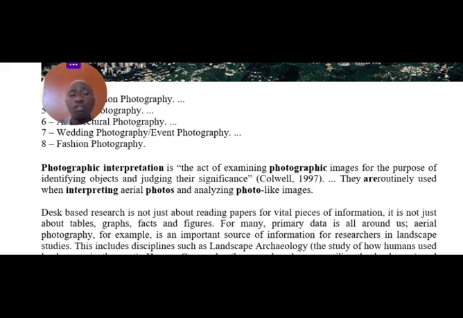So we may be taking a photograph, but when learners or people are using that photograph, they want to find out the importance or the various economic activities that may be carried out in that area, or that people tend to be doing within that area. So that is what we call photographic interpretation.